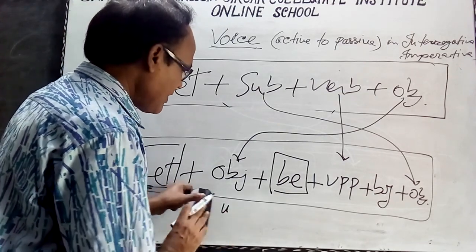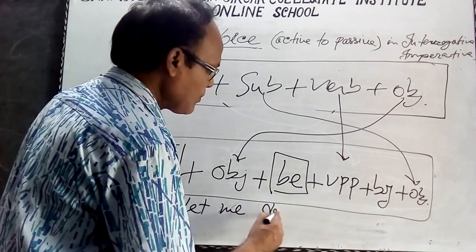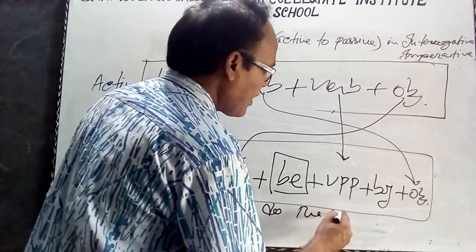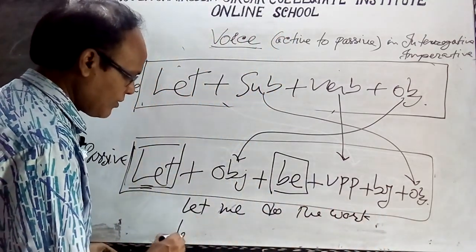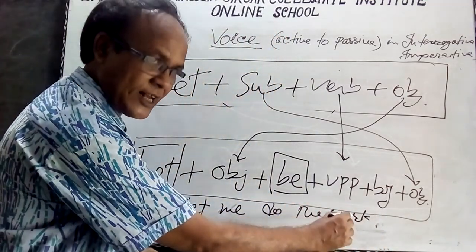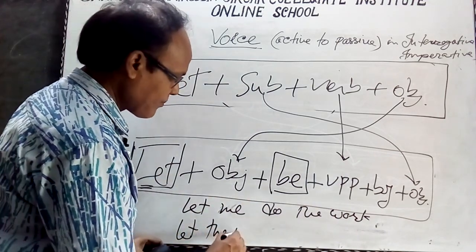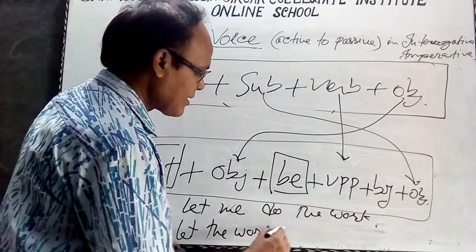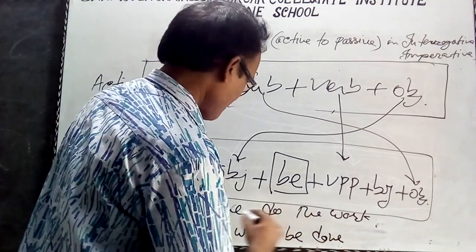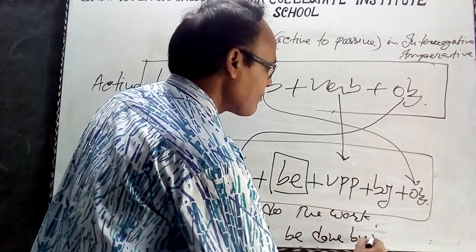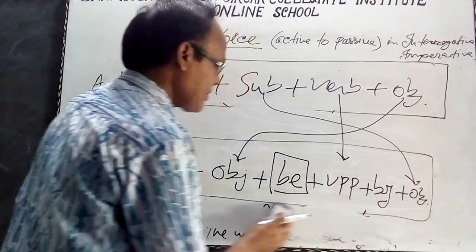Let me do the work. Here, let, so this is an imperative sentence. So: let the work be done by me. Then another example.